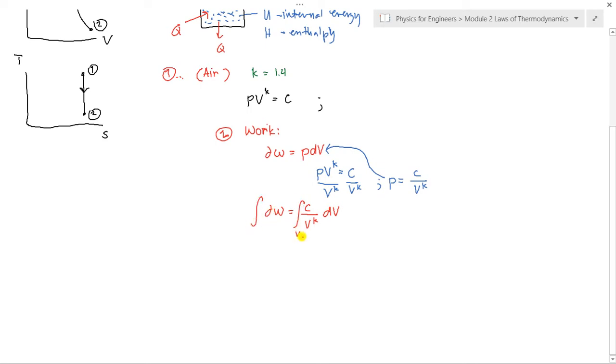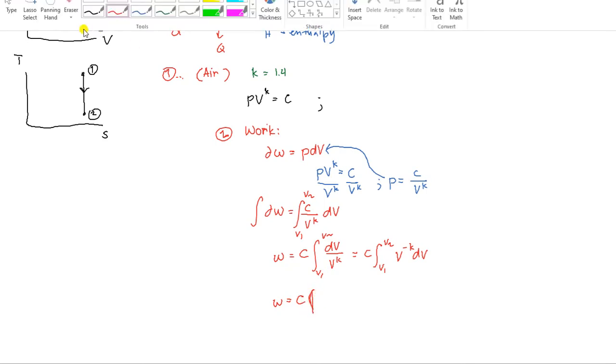Integrating from V1 to V2, we have work is equal to C, extracting the constant, times the integral of dV over V raised to K. Or we can have C times the integral from V1 to V2 of V raised to negative K dV. Since K is constant, the integral here, W is equal to C, then, sorry, erase above.